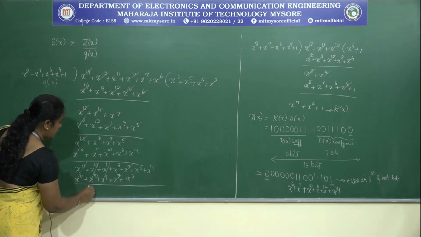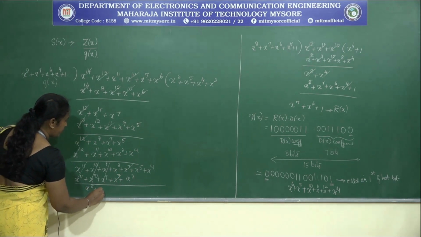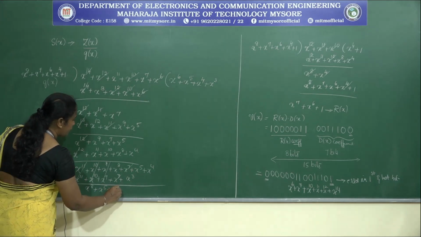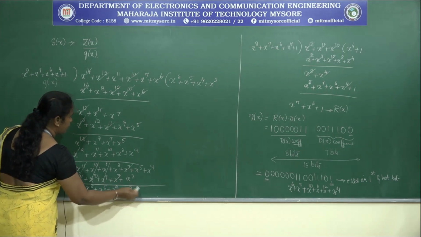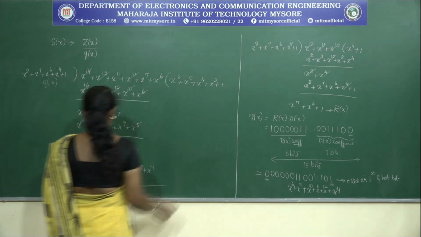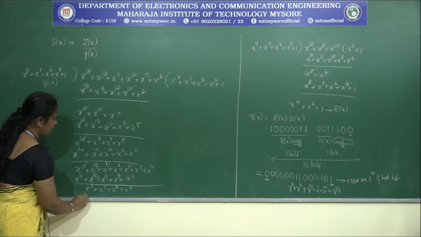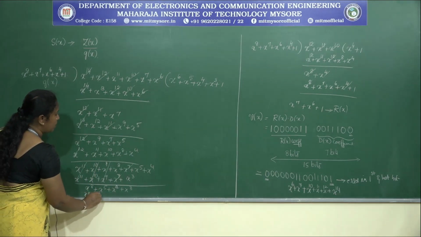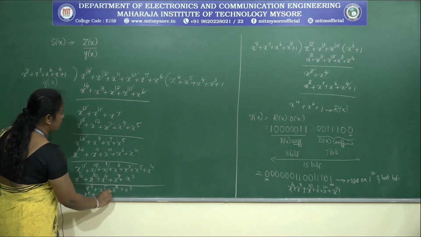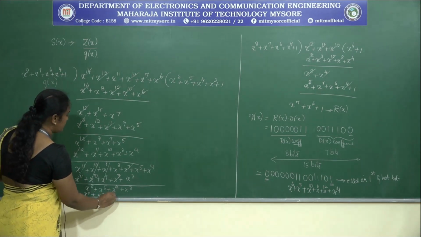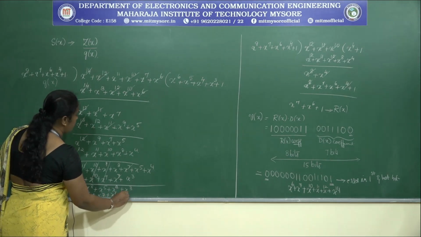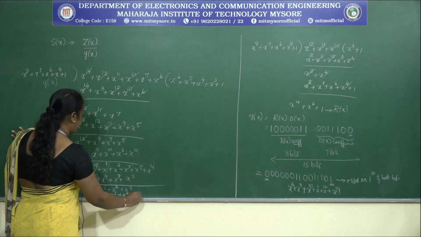So we have x power 8, x power 5, x power 4 and x to the power of 3. This plus 1. So this will be x power 8 plus x power 7. Then we have x power 6, x power 4 plus 1.